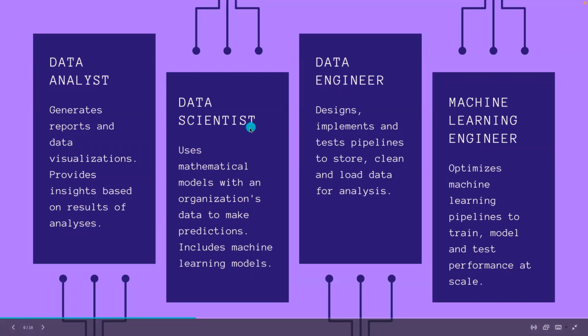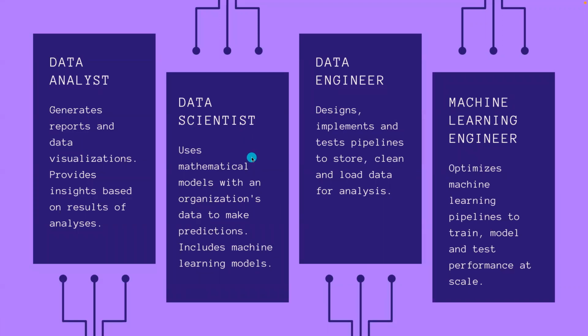Whereas a data scientist relies heavily on mathematical models and uses a company's data to make predictions. And in order to make these predictions, the data scientist needs to be able to build machine learning models.